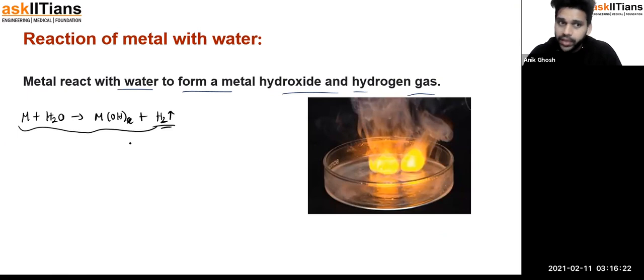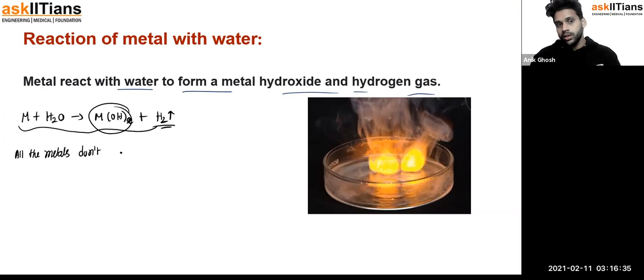But the thing is, all the metals do not react equally with water.